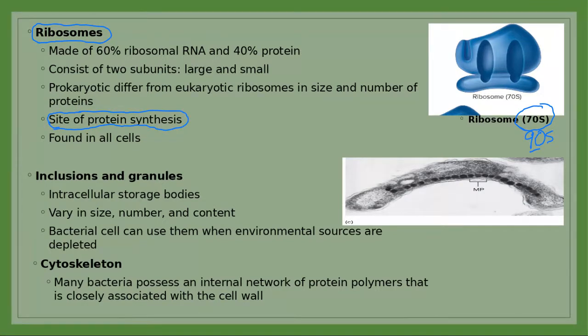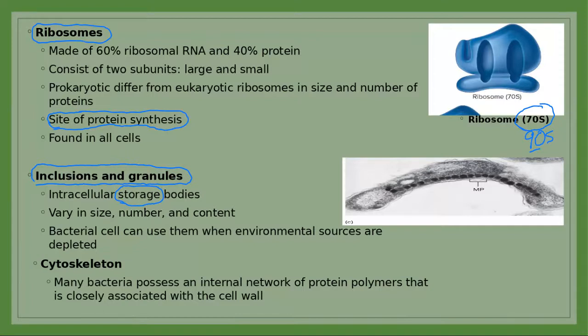Now the special structure inside the bacterial cell is called the inclusion and granules. This is mostly used for storage, okay? Storage of extra molecules, maybe carbohydrates, maybe lipids, will be stored in these inclusions and granules. So whenever the condition is not favorable, for example, there is not enough nutrient, then they can use the stored food in these inclusions and granules.